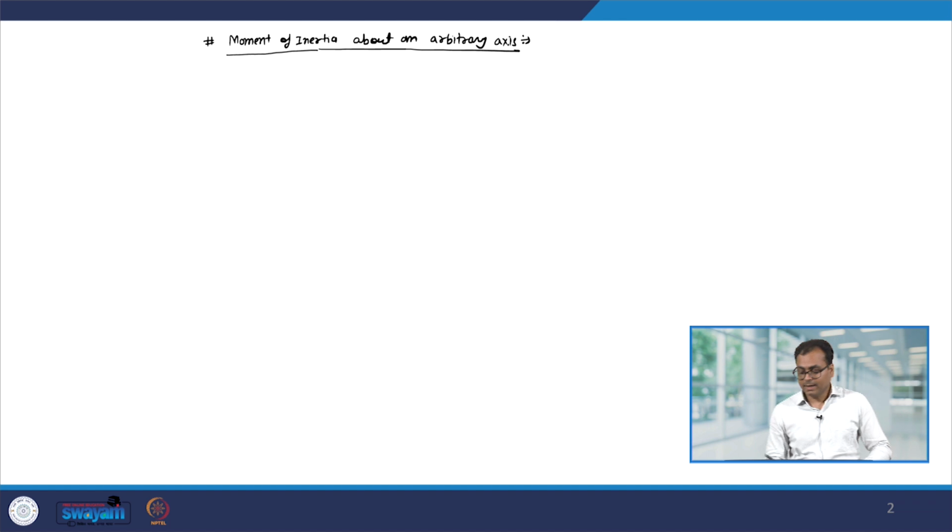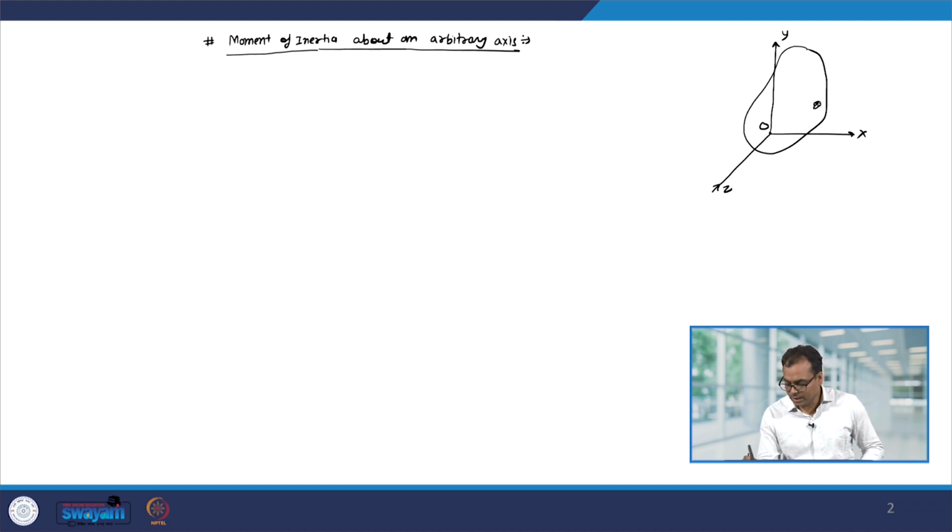Okay. Let us say I have a rigid body and let us fix some point O, then these are the x axis, y axis and the z axis. Let us take a small mass dm and let us say this mass dm, its position vector is r and of course in Cartesian coordinate its coordinates are x, y and z.